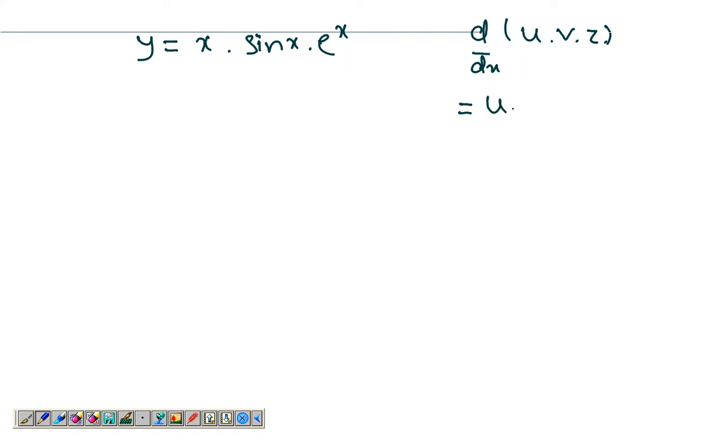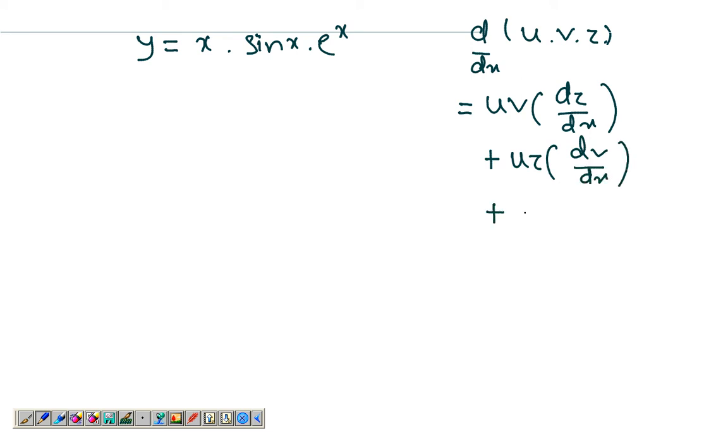You take the first two functions, you differentiate the third. Okay, the first and the last, differentiate the second. The second and the third, differentiate the first. Okay, simply. So that's what I'm going to do here.